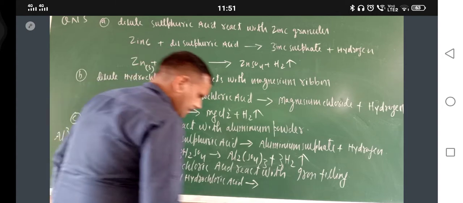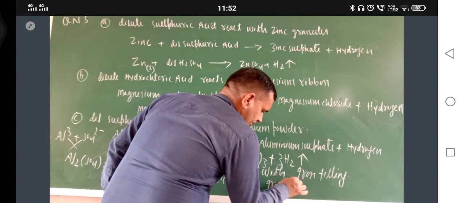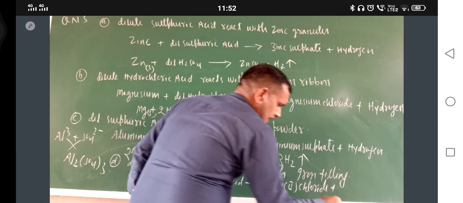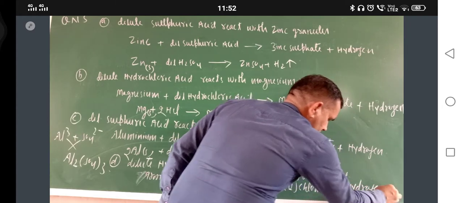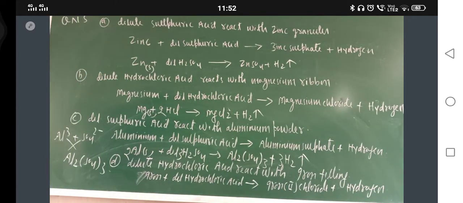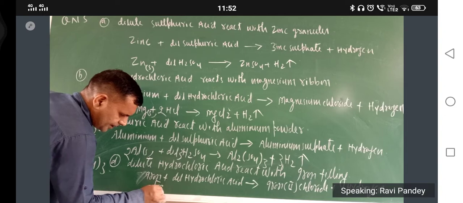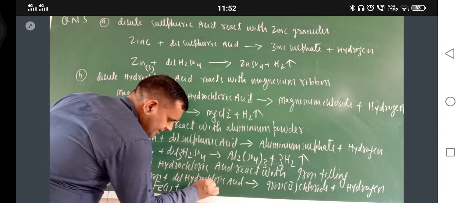So here what would be there? Iron second chloride plus hydrogen. Okay, so just see, iron second chloride. Write down the reaction. Fe solid plus dilute HCl.